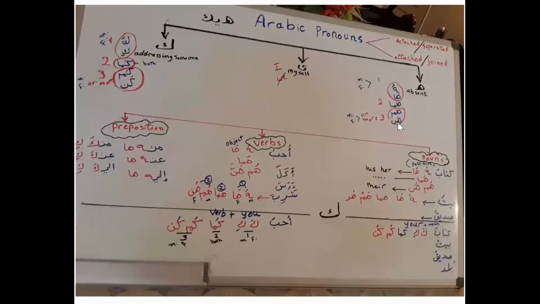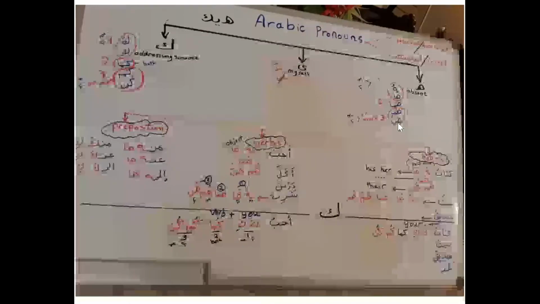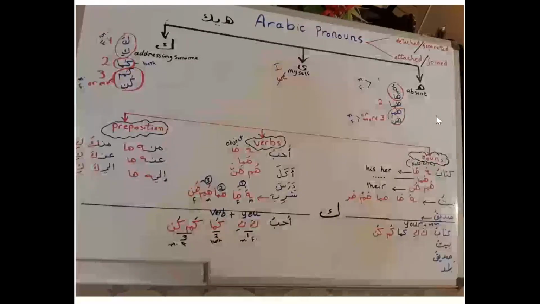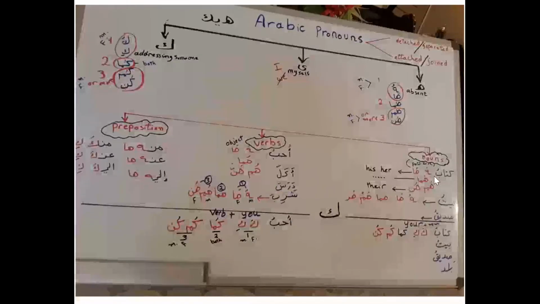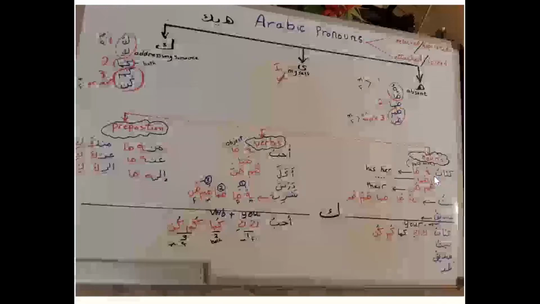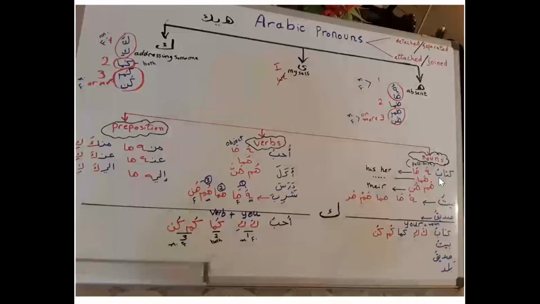Let's now try to apply it to what we are saying: nouns, verbs, prepositions. Nouns first. If you take any word, ask yourself first: is this a noun or a verb? We are talking about a noun, like kitab. Kitab means book.